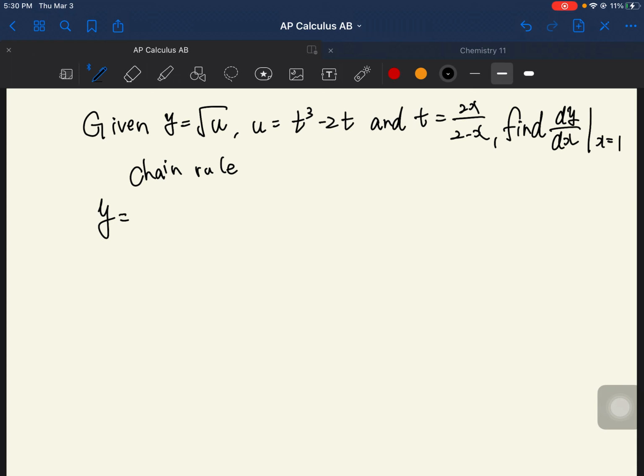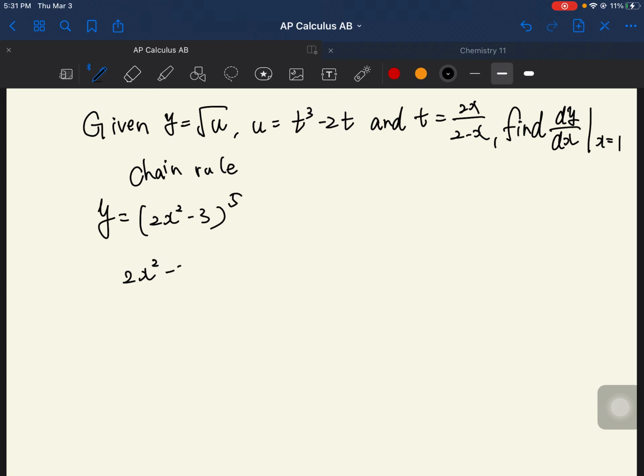For example, if you want to find the derivative of this function, y equals (2x squared minus 3) to the power of 5, you can't simply use the power rule or other rules of derivatives.